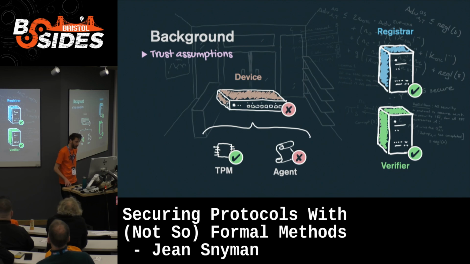But we don't actually trust the agent or the device itself, or perhaps a more accurate way of putting this is that we might trust these devices conditionally. If the verifier says that the state is as we expect, then we might trust that device. And that is exactly what happens in workload authentication.